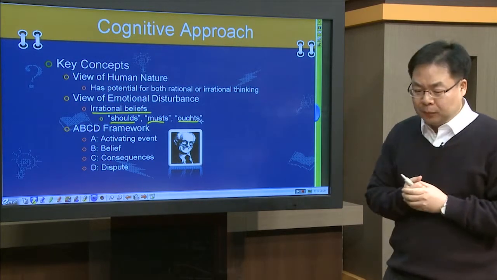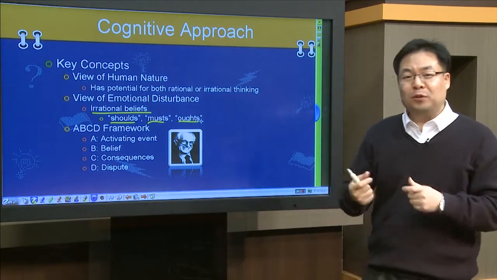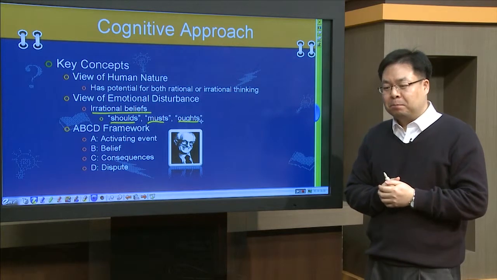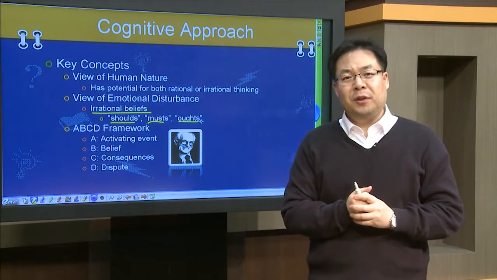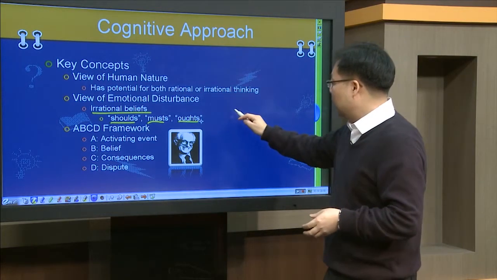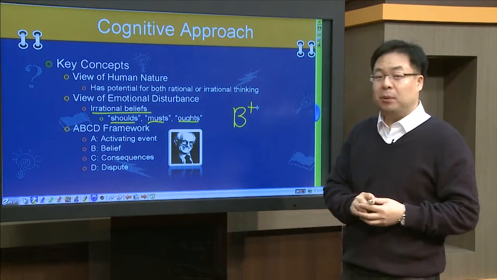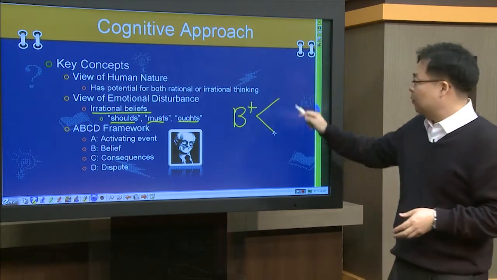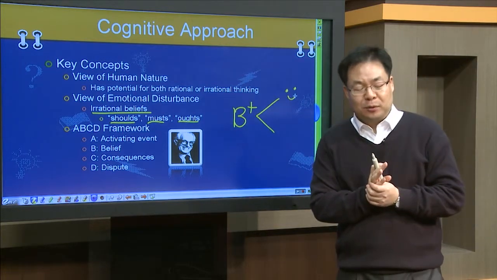For example, what grade do you expect from this course by the end of this semester? In an offline class, it's interesting to see the students' reactions to the same grade. For example, let's think about a B+ grade. Some students are okay.